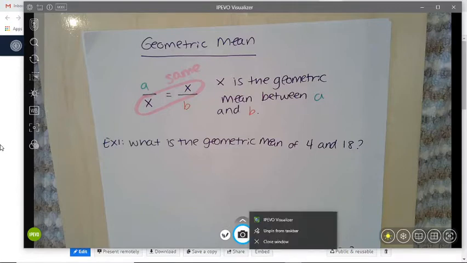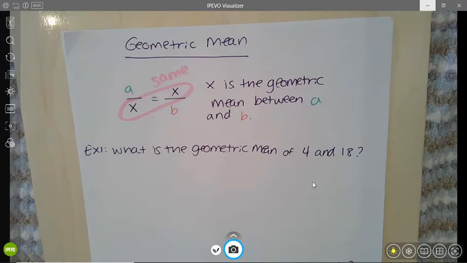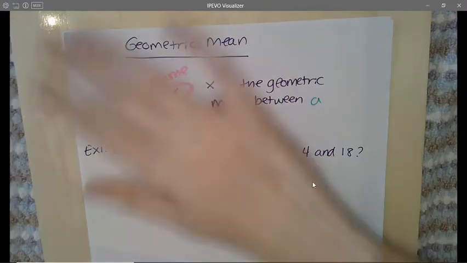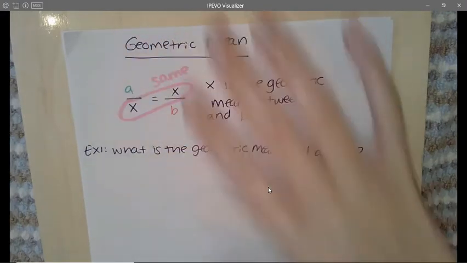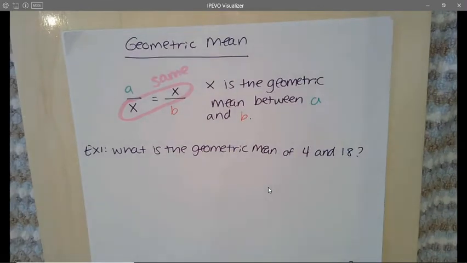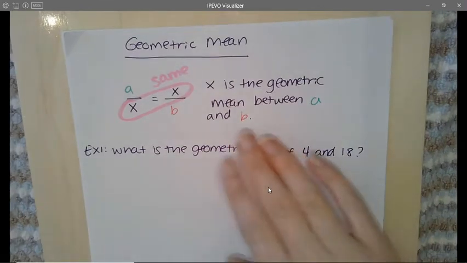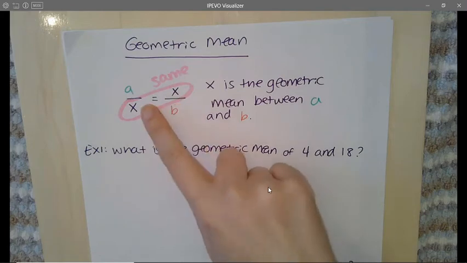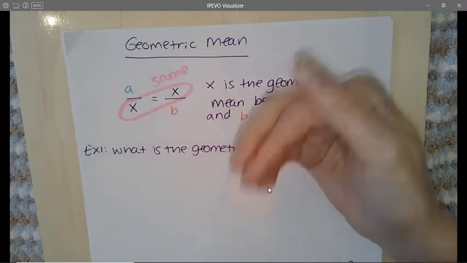Okay, so I kind of have that set up again. When we have a geometric mean, we're going to have two ratios that equal each other, which means we have a proportion.